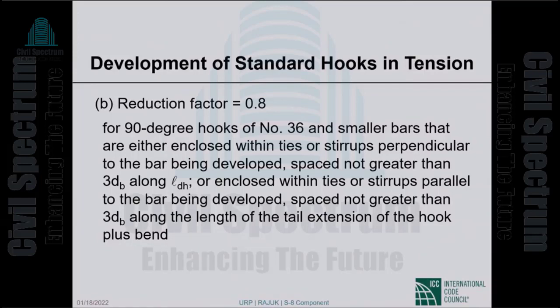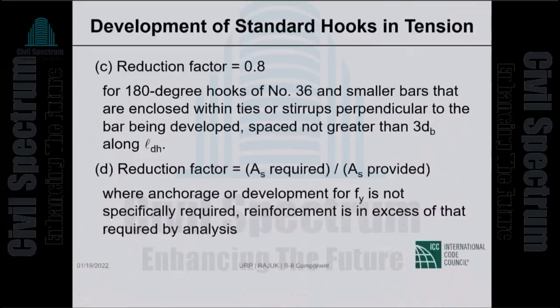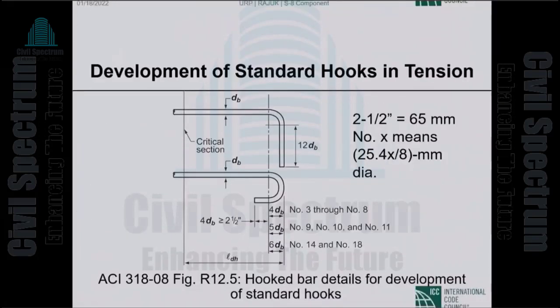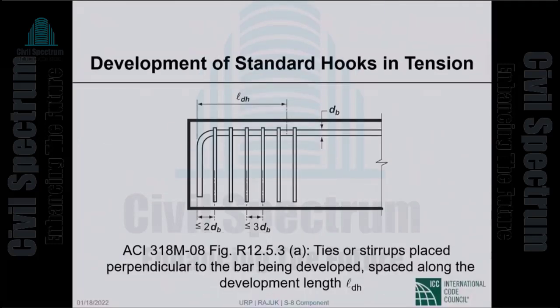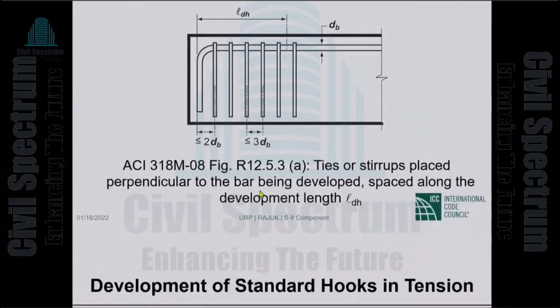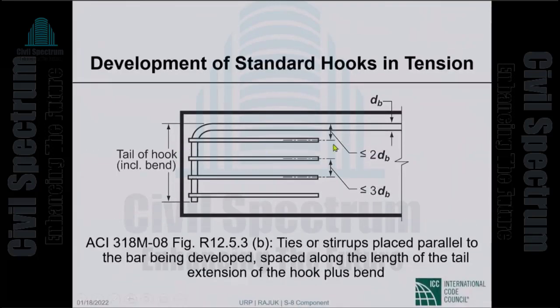So what we are saying is 90-degree hook that has confinement reinforcement like this perpendicular to the bar being developed, and the spacing no more than 3 bar diameters, or you have confinement reinforcement like this, parallel to the bar being developed, perpendicular to the hook, and the spacing here is also no more than 3 bar diameters.